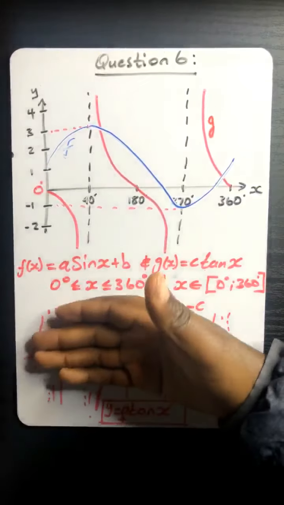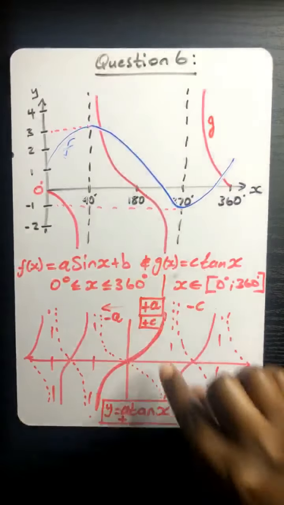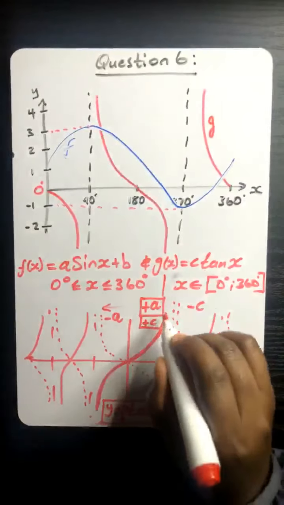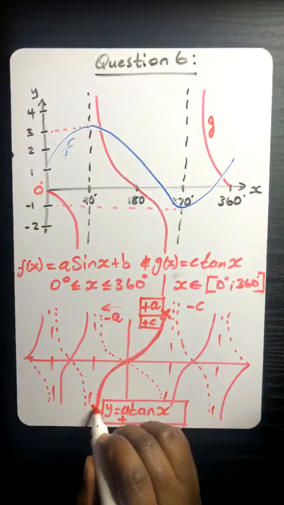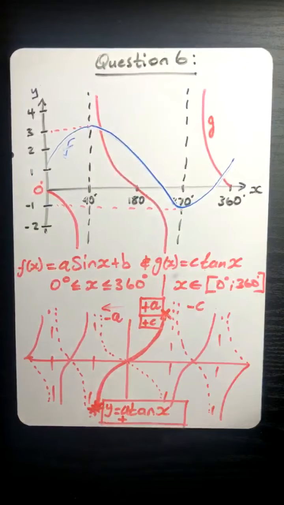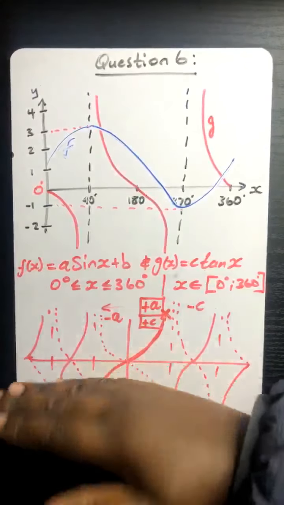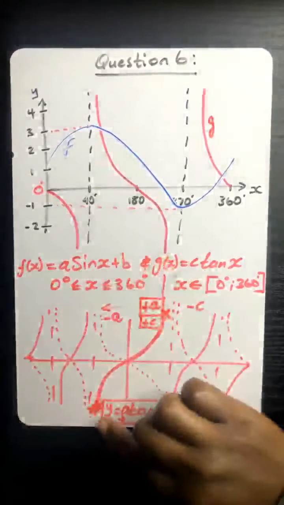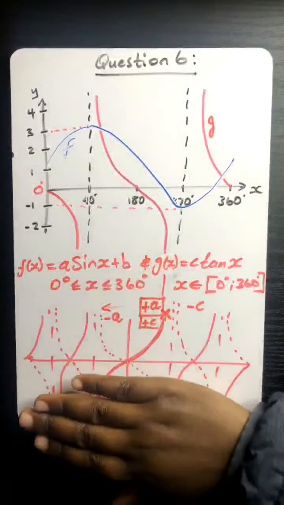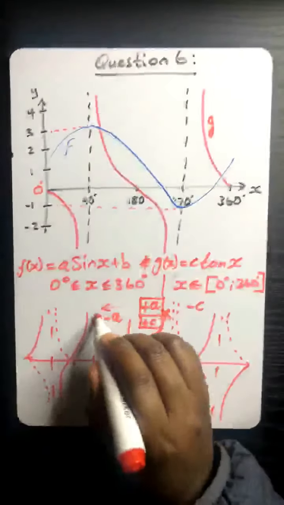Let's check maybe this point, and also that point. When you rotate it like this about the x-axis, can you see this star? You now rotate it and then it gets to be there.